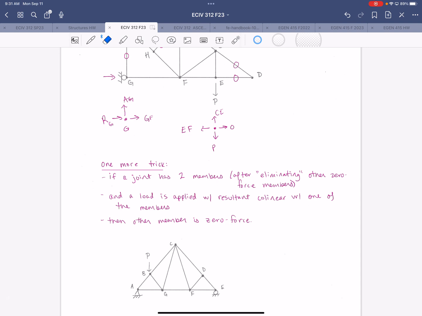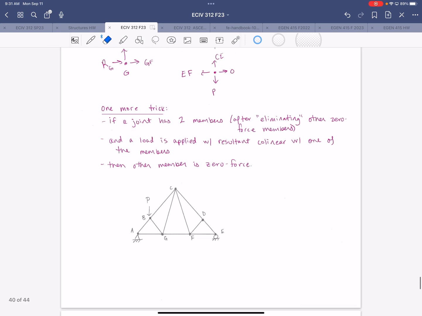Want to try one more? All right, so this one down here.